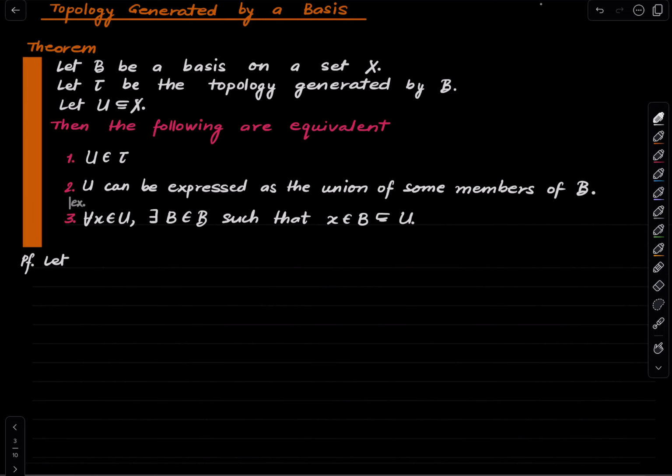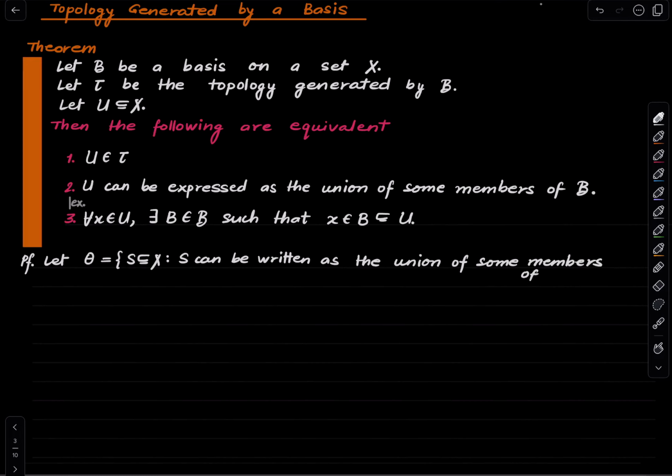So let theta be the collection of those subsets of X which can be written as the union of some elements or some members of the basis. Right? So that's our definition of theta.